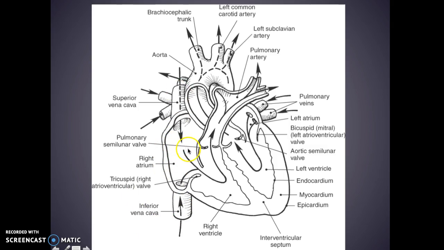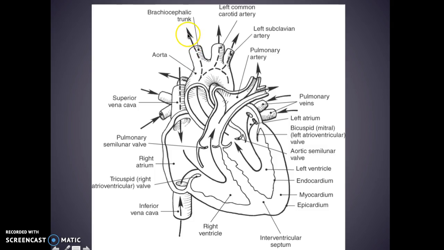Your right atrium goes down through your tricuspid valve into your right ventricle, up through your pulmonary semilunar valve, up through your right and left pulmonary arteries, comes back through the pulmonary veins with oxygenated blood, remember it's opposite, into your left atrium through your bicuspid valve, into your left ventricle, through your aortic semilunar valve, up through your aortic arch, and then the first branch is your brachiocephalic trunk, and then it goes to your left common carotid, to your left subclavian, and then down to your descending aorta.